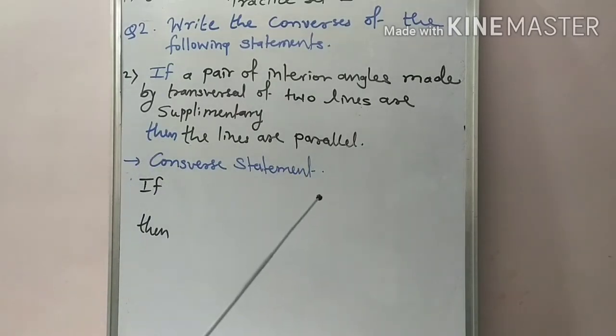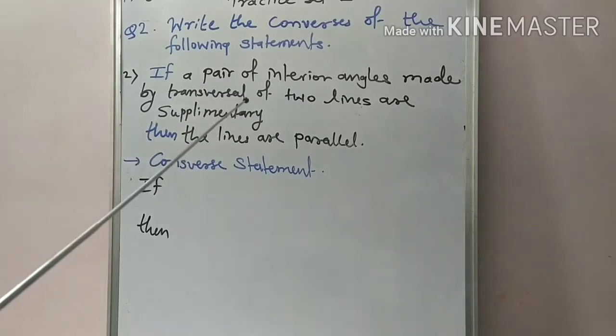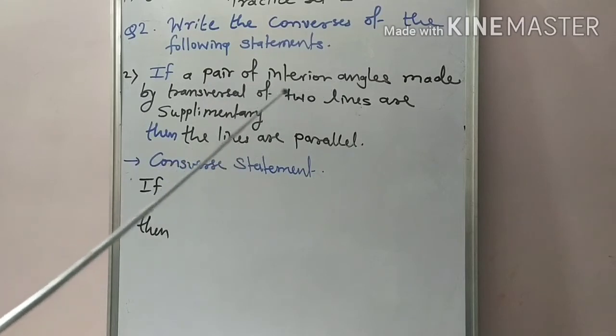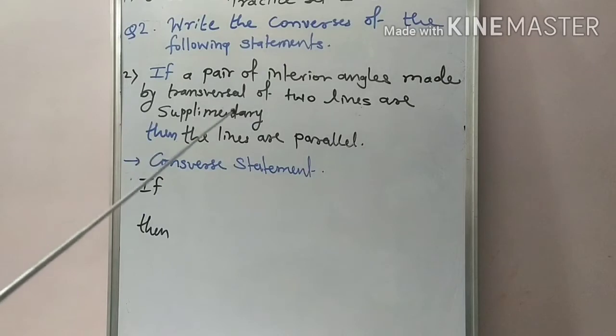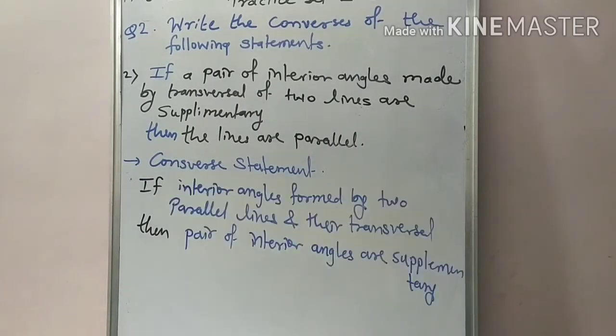If the two lines are parallel and there is a transversal, then the pair of interior angles made by the transversal are supplementary, not congruent. So here we try to write its converse statement.